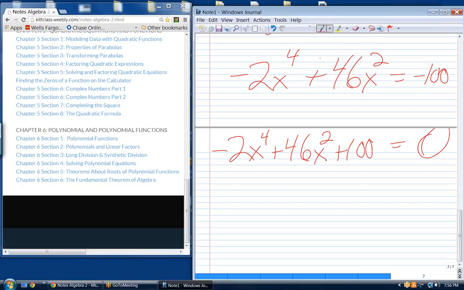Well, let's take out any greatest common factors that we have. 2. Minus 2. Minus 2. So I'm going to divide every term in the equation by minus 2. It's going to leave this. Now that's a lot easier to factor.